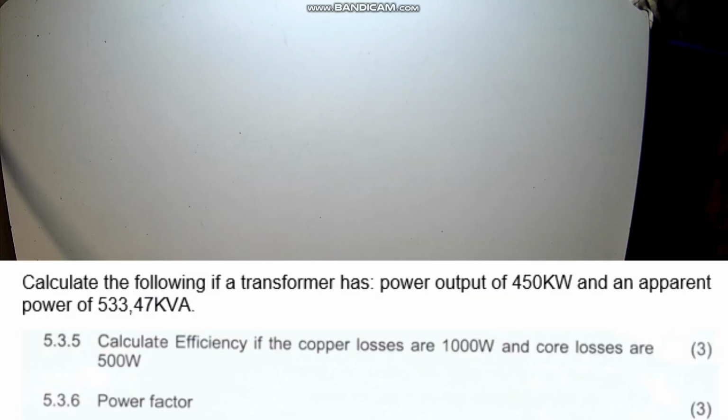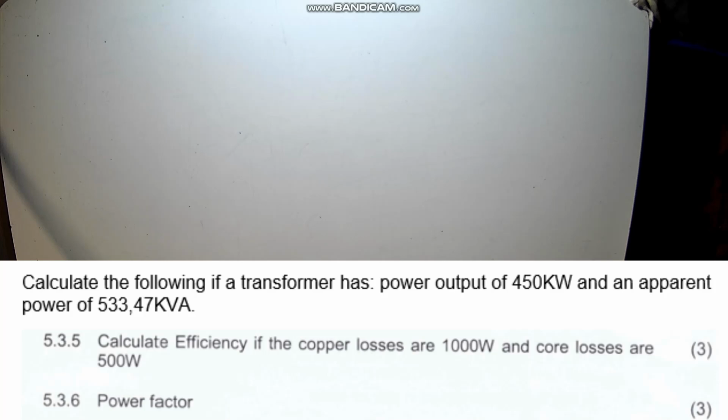Now, looking at the first question, calculate the following if a transformer has a power output of 450 kilowatts. So that will be 450,000 watts, and an apparent power of 533.47 kVA. So that would be the apparent power.